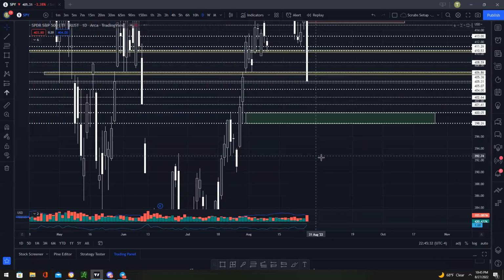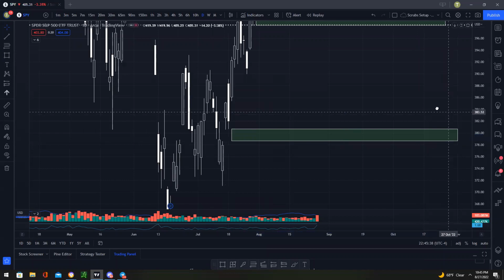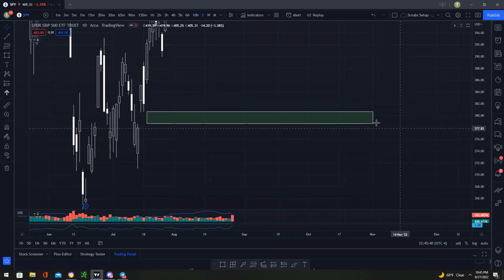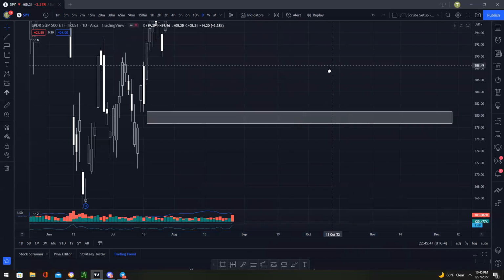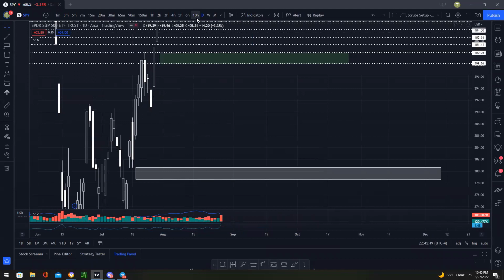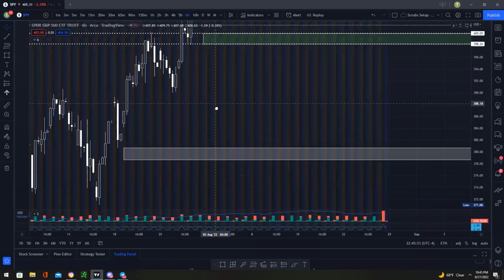Do we have a gap down to fill? Yes, but that's kind of far down. I wouldn't think this is going to happen for probably a couple weeks, maybe even a couple months. Who knows? Anything can happen in the stock market, truthfully. But I don't see any other lower gap fill. Oh, yep.